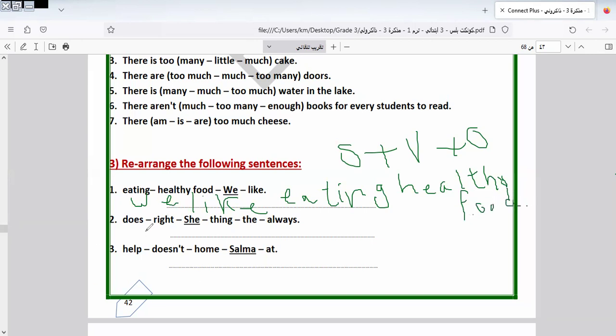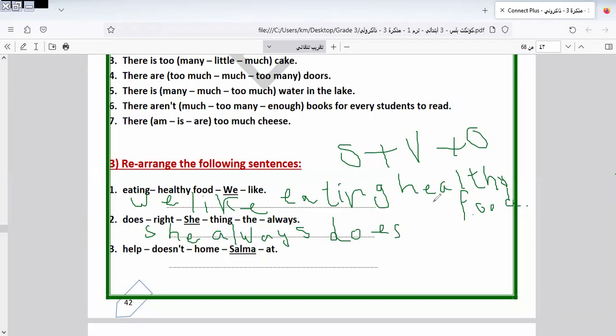Here is: she always does the right thing. She always does. Here, as we told you before, the keywords of the simple tense come between the subject and the verb.